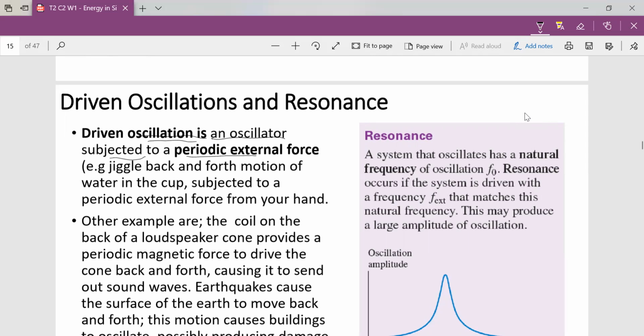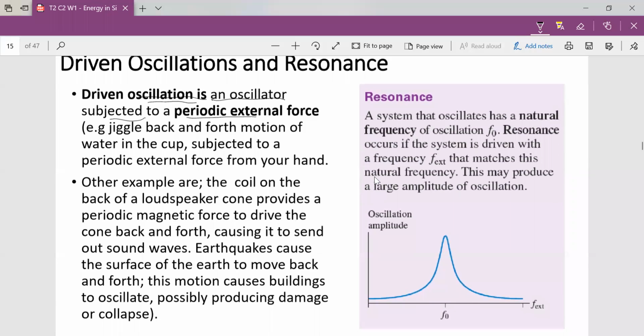Okay, so we have examples such as the jiggling of your back, front and back, and then we have other interesting examples as well. But we want to establish that once it is driven from the outside, the force inducing the motion is an external force, then we can say the oscillation is actually driven.